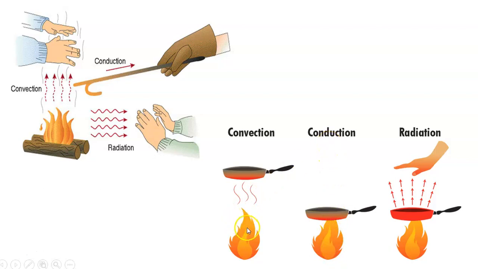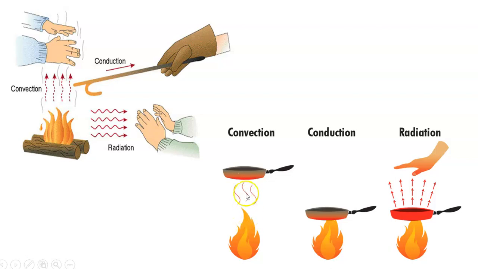Now look here. Again the pan is being heated on fire, but there is some gap over here. But in this gap, what is present? Air. So the air over here is being heated and that air heats the pan. So this is due to movement of fluids.